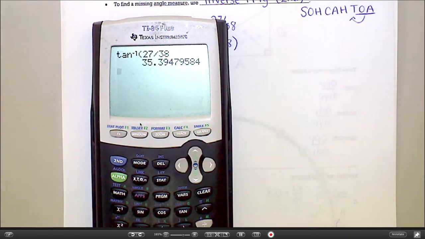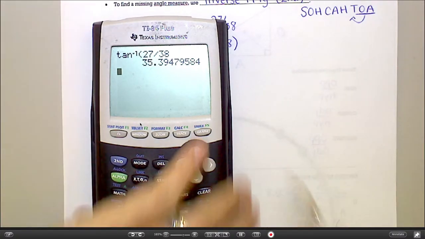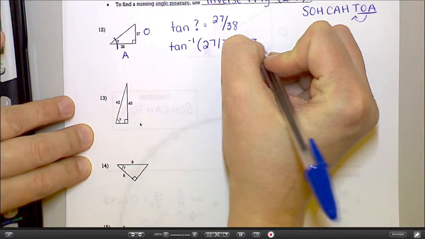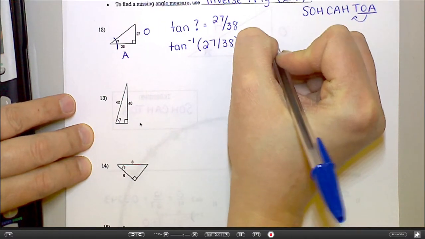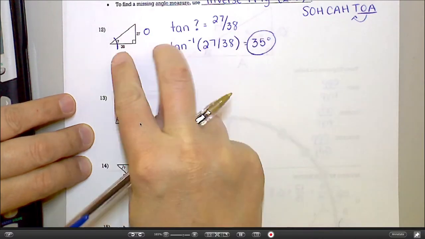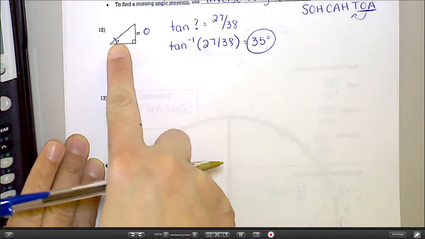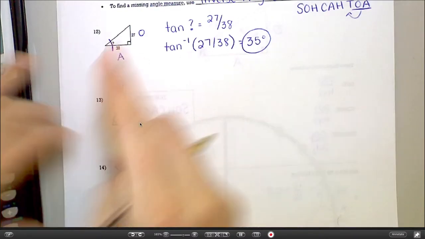Because it's an angle measure, I'm going to round to the nearest whole number. So I'm going to say that this is 35 degrees. So I just figured out, based on these side lengths, what angle that has to be. That's a big deal.